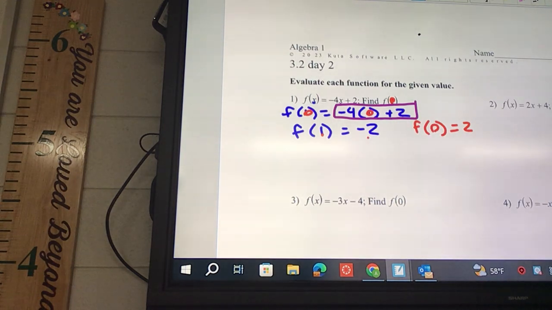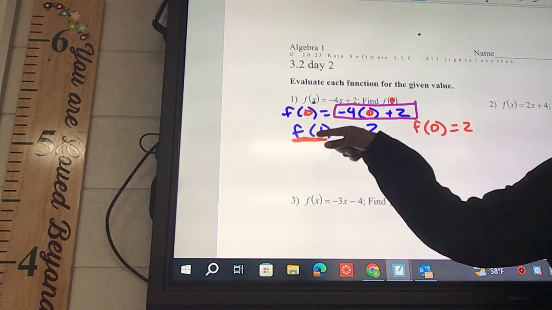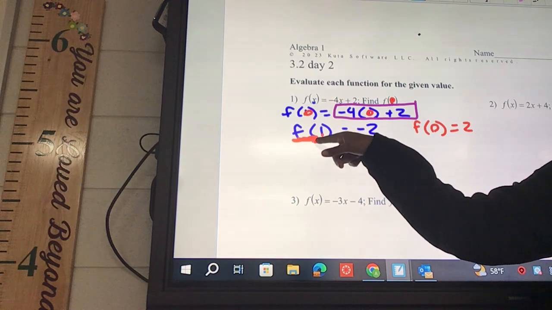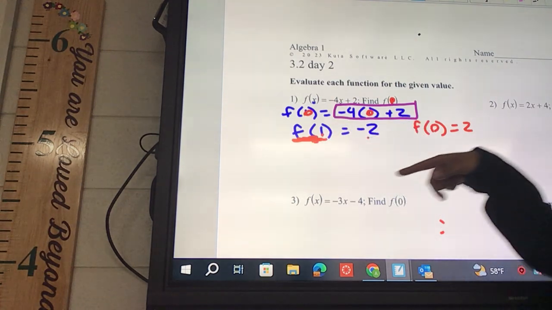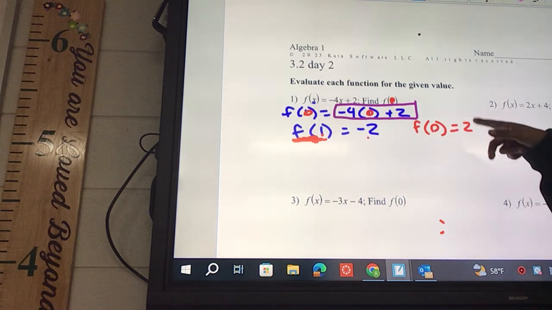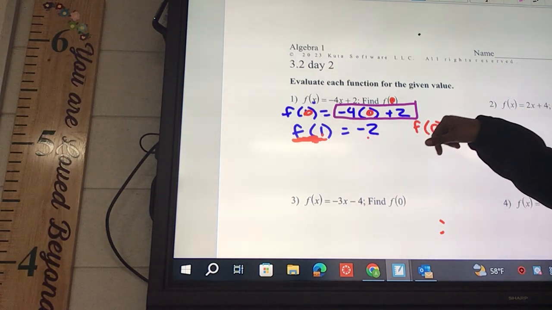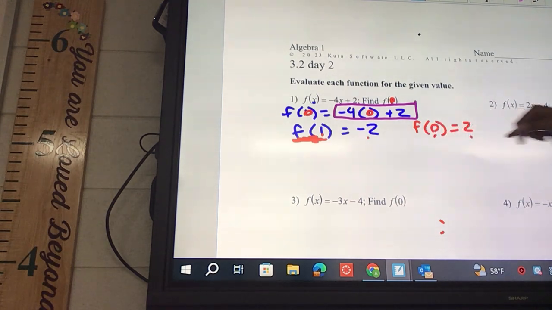Only when I plug in 0 am I going to get 2 for an answer. So this is very, very important. I put in $1, and this is the result I got, whatever snack that may be. I put in $0, and this is the result, whatever snack that may be. This is our input and this is our output, or our domain and our range. But it's not really domain and range, because of a long drawn-out story.